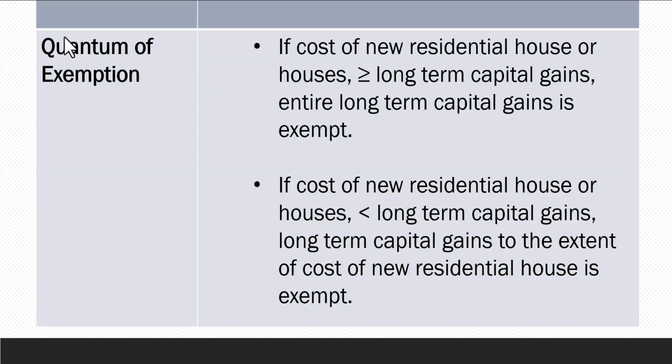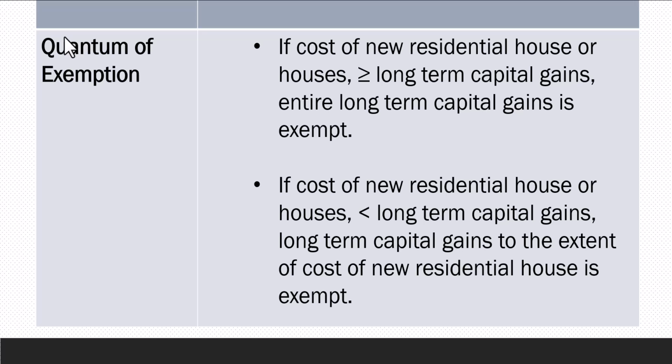Just read this. Quantum of exemption. If cost of new residential house or houses is greater than long-term capital gains, the entire long-term capital gain is exempt. That means if the new residential house which you are buying costs more than the long-term capital gains, you don't have to pay any tax. Next.